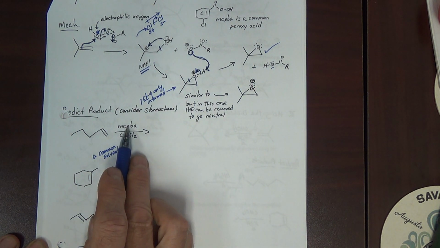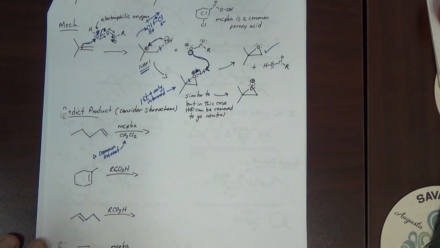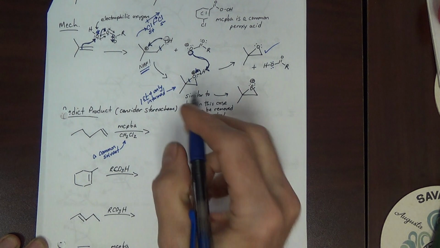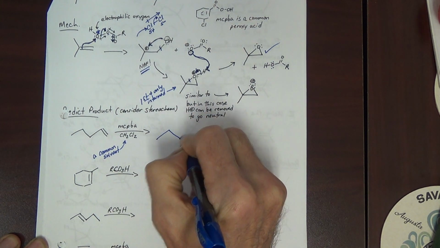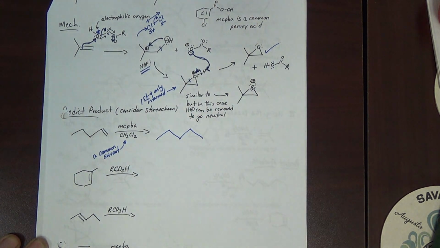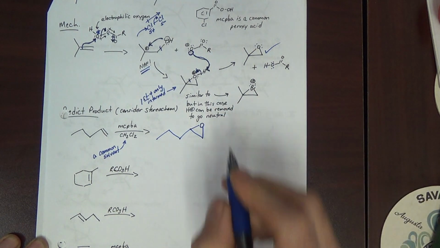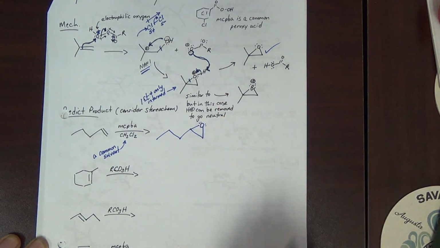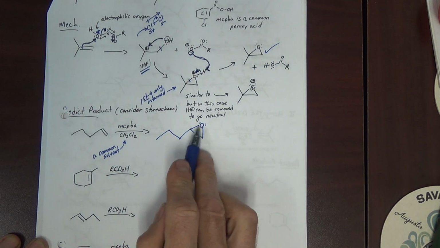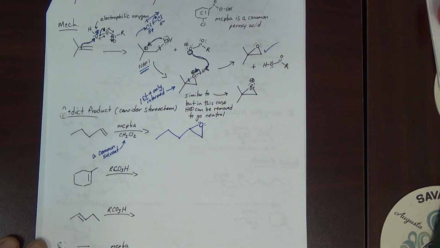And what does a peroxy acid do to an alkene? It converts it to an epoxide. And we can go boom, boom, boom, boom. There's your carbon skeleton, and now these two carbons are connected to an oxygen, and we have two lone pairs. Standard bonding for oxygen, two bonds, two lone pairs.